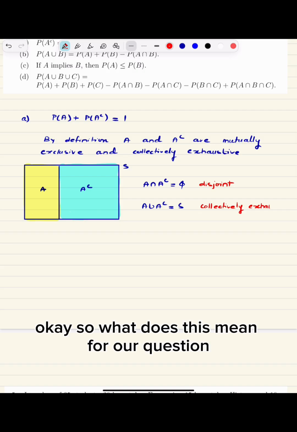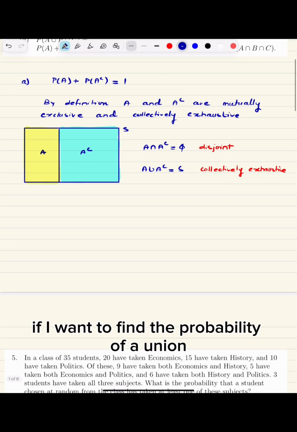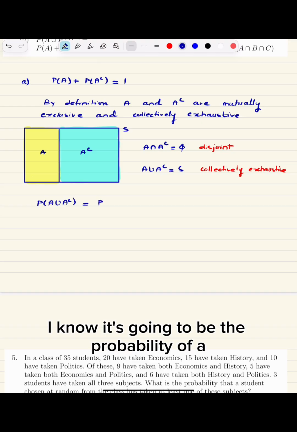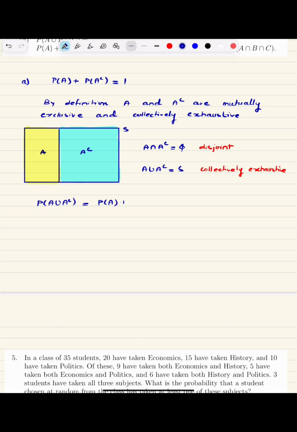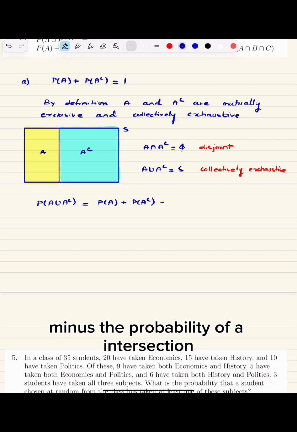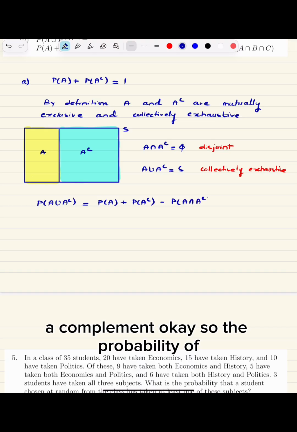So what does this mean for our question? If I want to find the probability of A union A complement, I know it's going to be the probability of A plus the probability of A complement minus the probability of A intersection A complement.